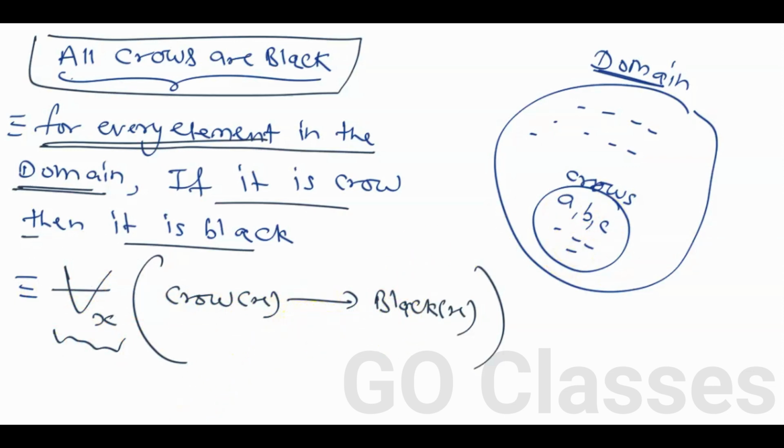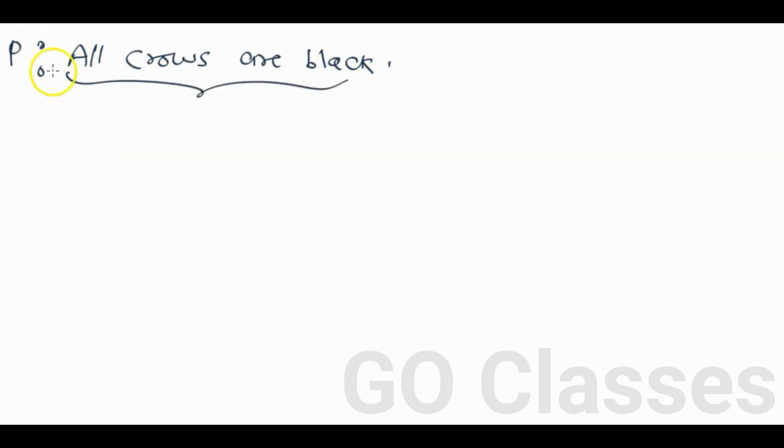Correct? Now, let's see why this is incorrect. For example, if I want to write this English statement into first order logic: all crows are black. Let's call this statement P. Now, let's see why this translation is incorrect.